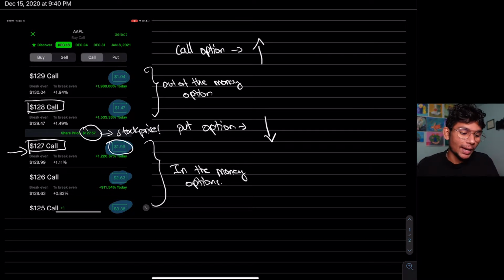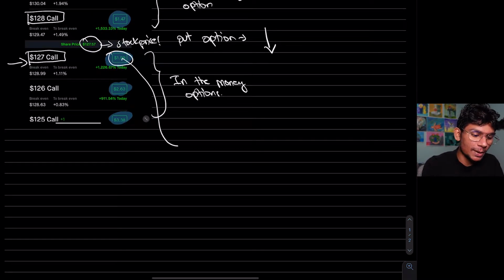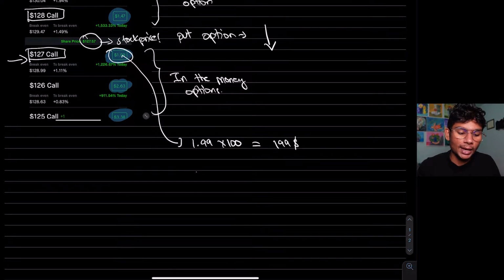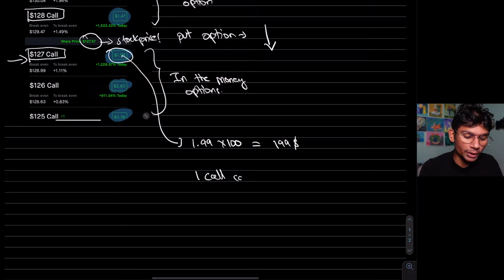But remember, since you're buying 100 shares of this company, you're going to do 1.99 times 100, and this will give you $199 to buy that one contract. And in that one call contract, you have 100 shares of Apple.